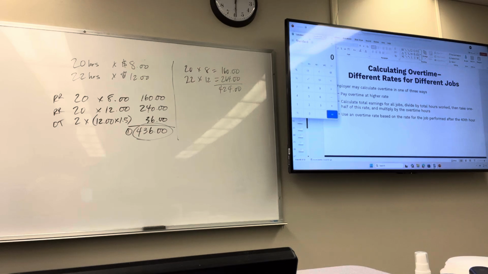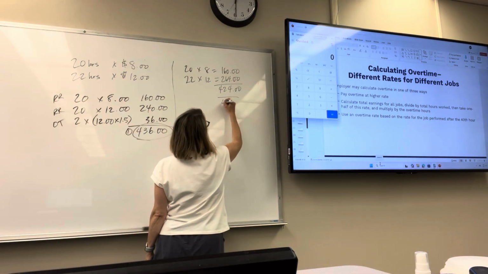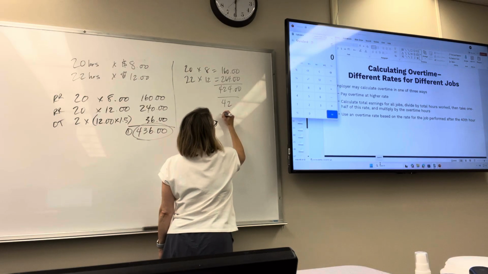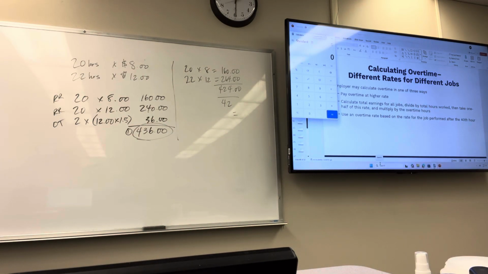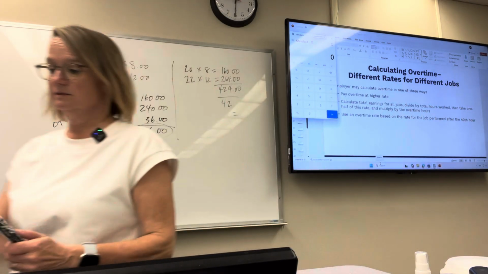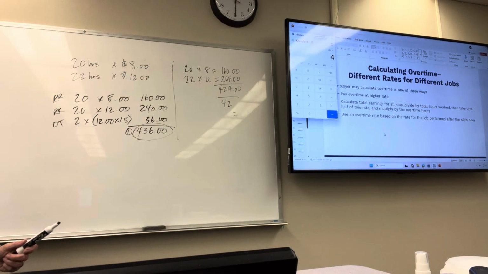We're going to divide that by the total number of hours worked, 42. This is our average rate, our weighted average hourly rate.